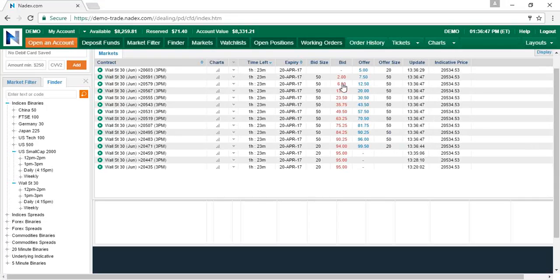Okay, so does everybody understand how you can utilize the strike ladder here to potentially see what a binary would be worth if the market makes a certain move? Everybody see that? We're going with that.